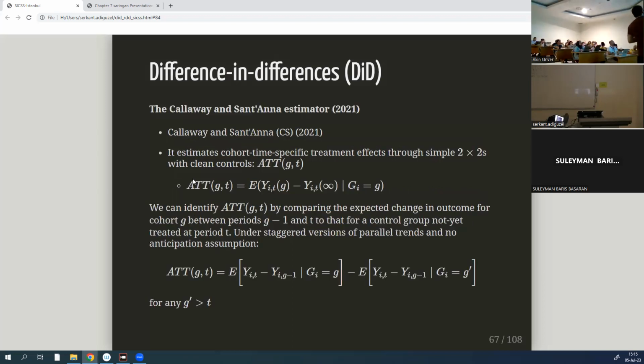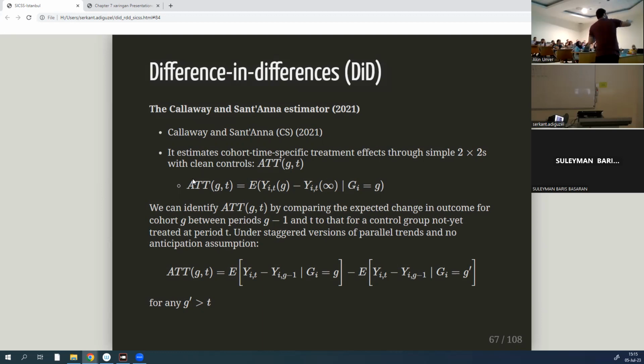So one of the most famous ones is the Callaway and Sant'Anna 2021 estimator. So essentially what it does is it identifies cohorts. So cohorts are, let's say, California and New Jersey adopted this minimum wage increase in 1992. Those who got treatment at the same time are treated as one cohort, right?